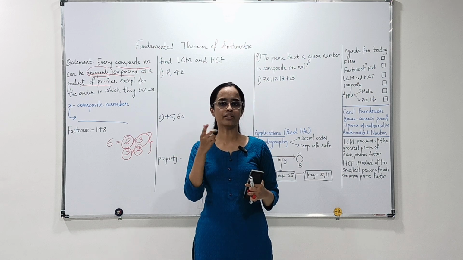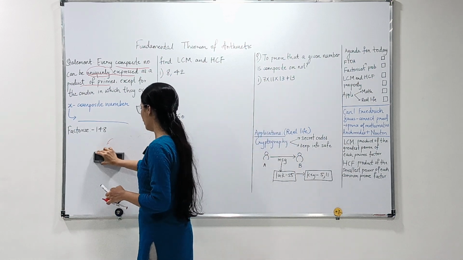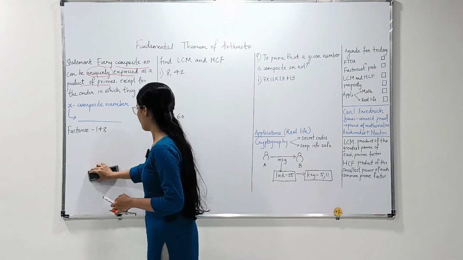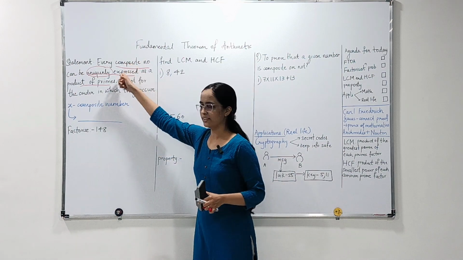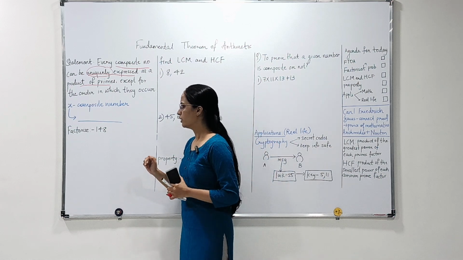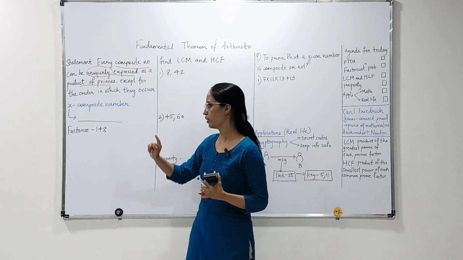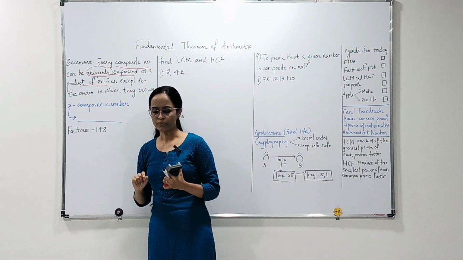The order of the numbers doesn't matter in this case. So I hope you are all thorough with the statement now, and you would keep these three things in mind. That is all with the statement part of this theorem. So let's say in general, if you want to represent a composite number, let's say x is a composite number.